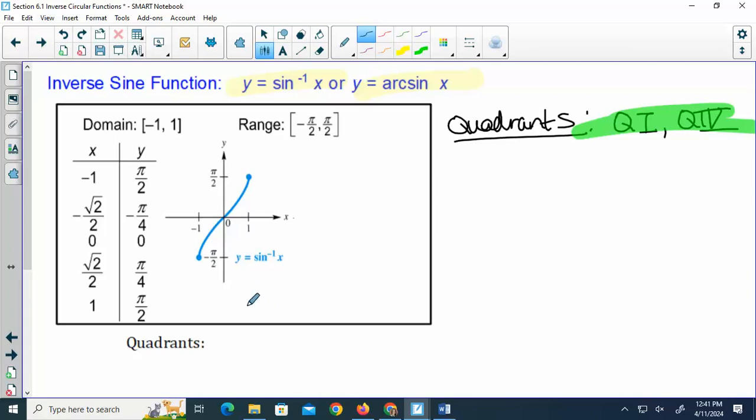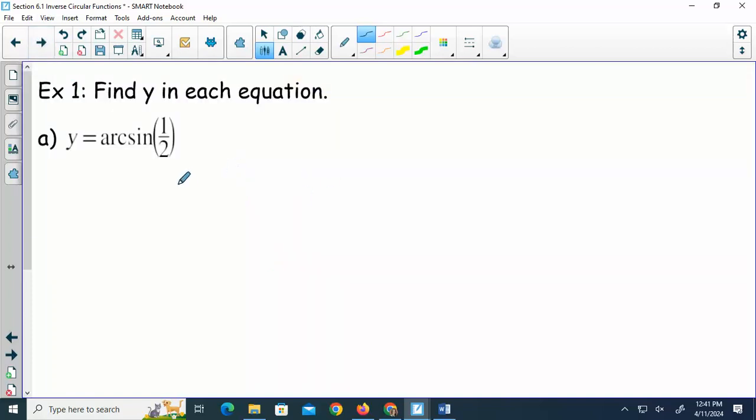Let's talk about the next one. I guess I did put a few examples before I did the next one. So, talking about what this means. Because my problem starts with an inverse, I can only get a single answer.